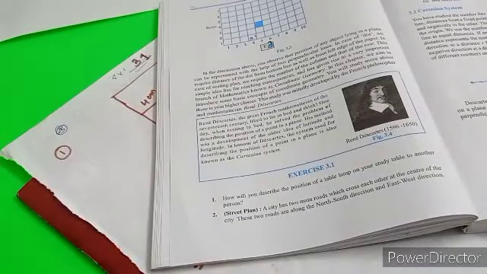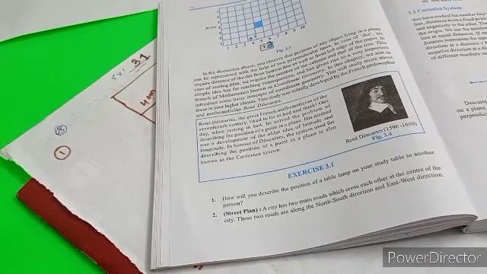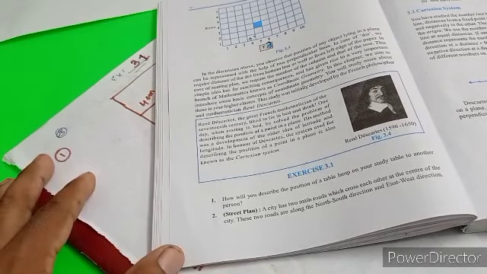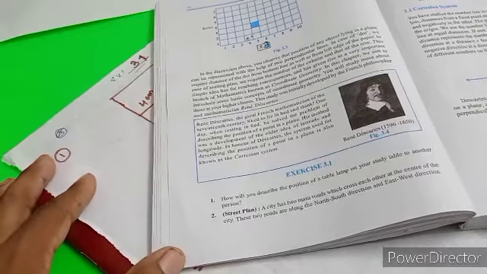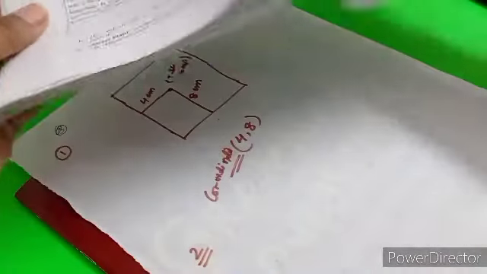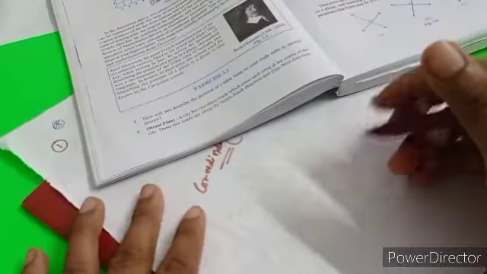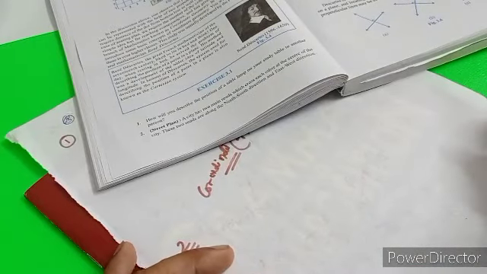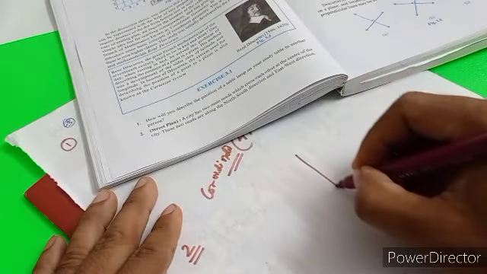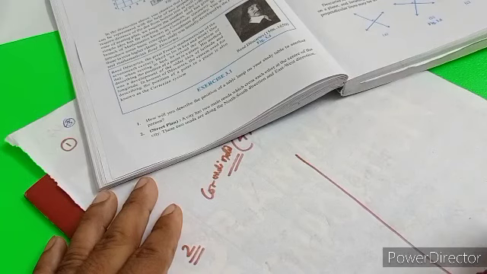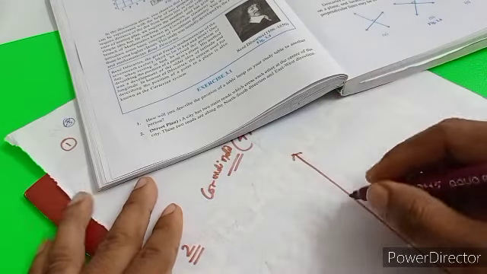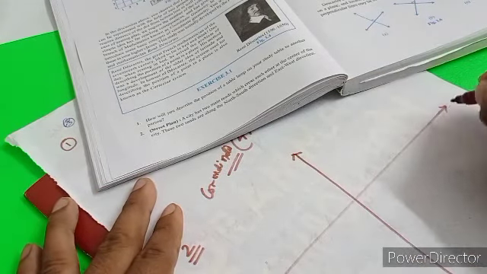Street plan. A city has two main roads which cross each other at the center of the city. The two roads are along the north-south direction and the east-west direction. Firstly, we will go step by step. Two roads. Let me draw the roads. One road is this, the other road is this.